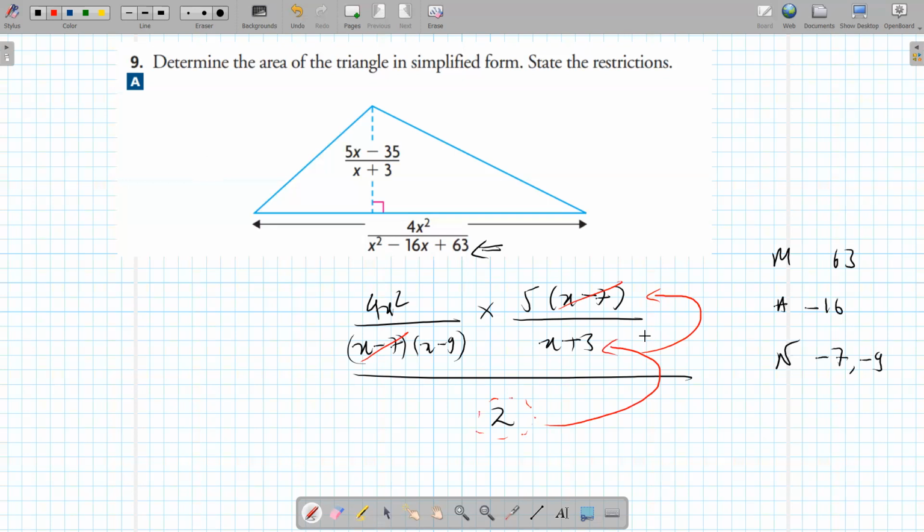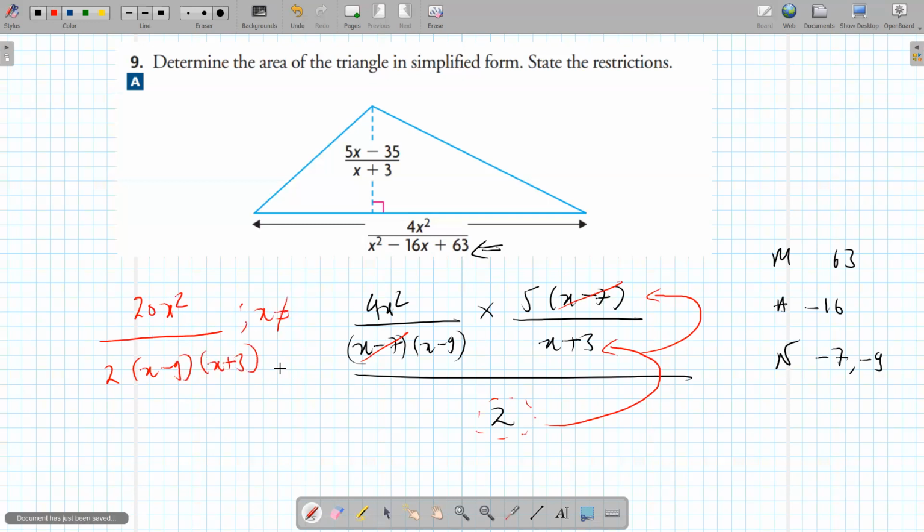It's gonna go to one of those. The second. Yeah, it's gonna go to the second level. So your final answer is gonna be 4x squared times 5, I guess. 4 times 5 in the numerator is 20x squared. On the bottom we have 2 times x minus 9 times x plus 3.